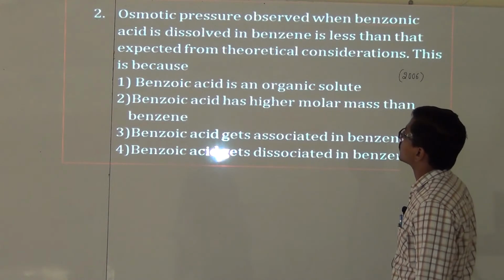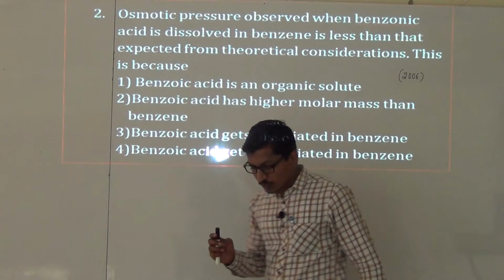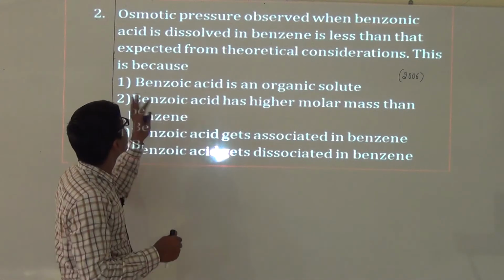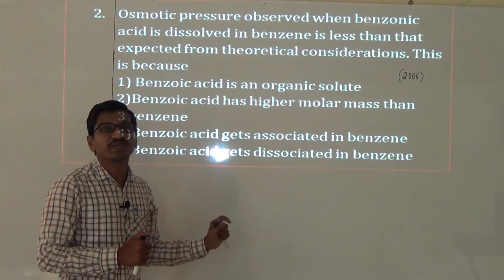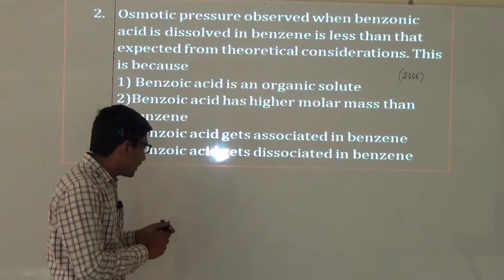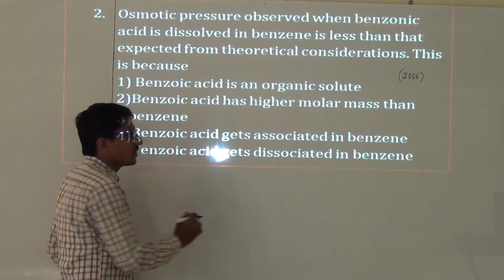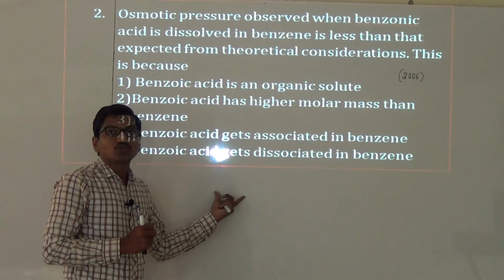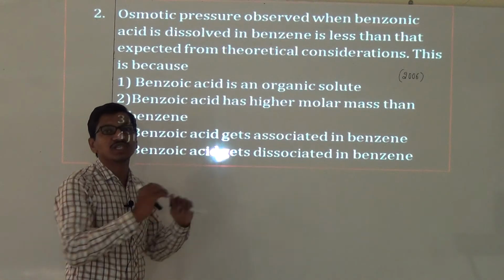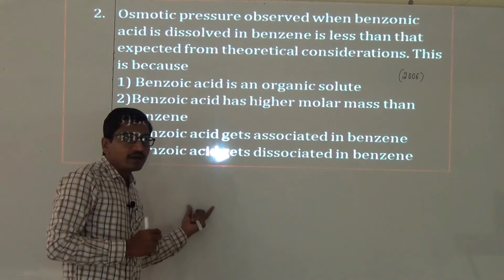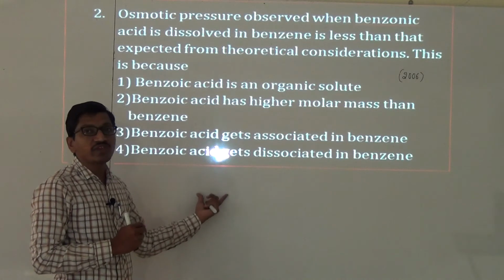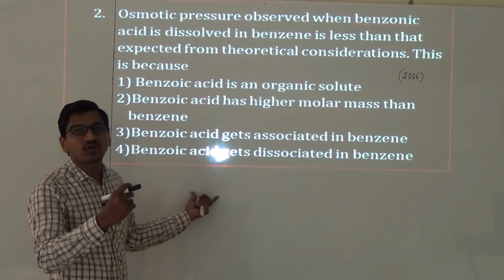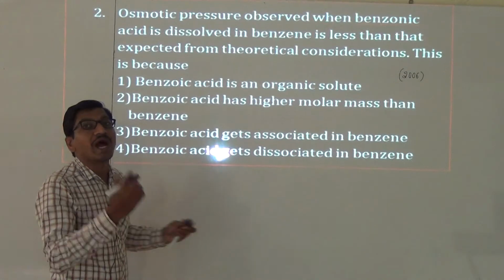This is because the osmotic pressure observed when benzoic acid is dissolved in benzene is less. In benzene, there are two cases. When carboxylic acids are dissolving in non-polar solvents, association takes place, and when carboxylic acids are dissolving in polar solvents like water, they act as weak electrolytes and dissociate into ions.